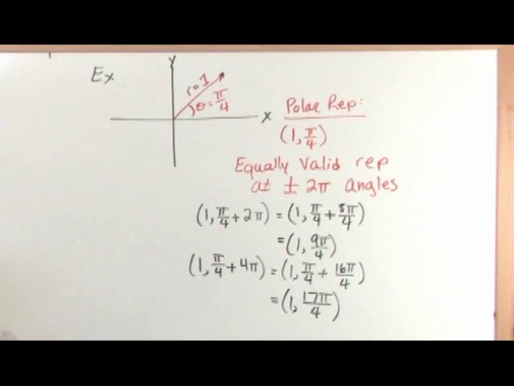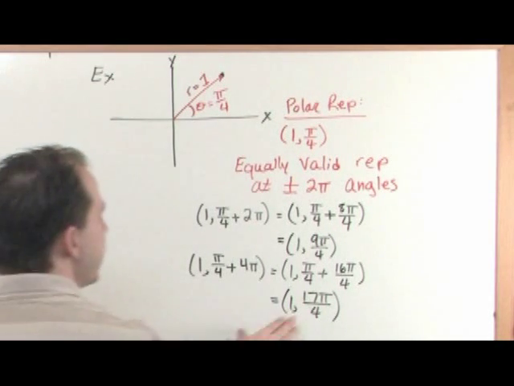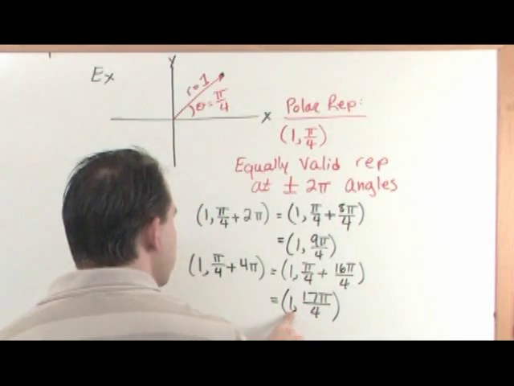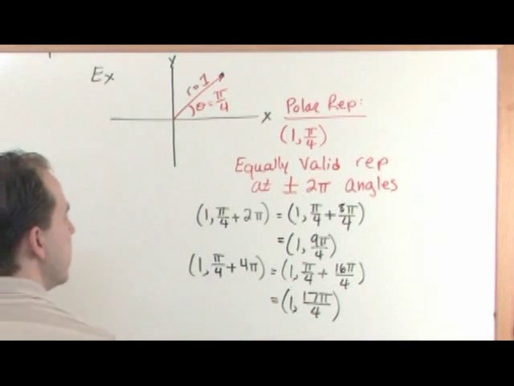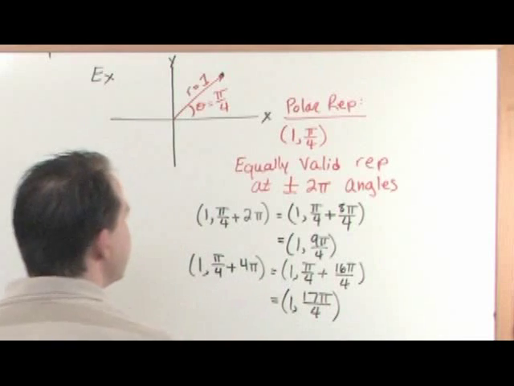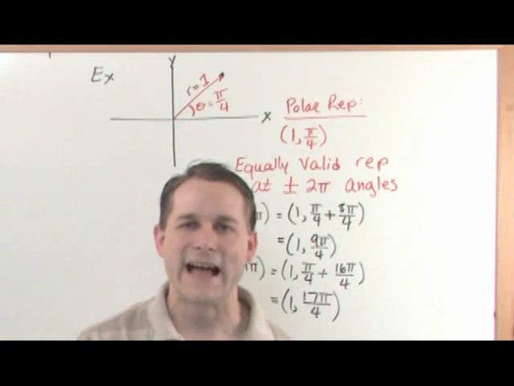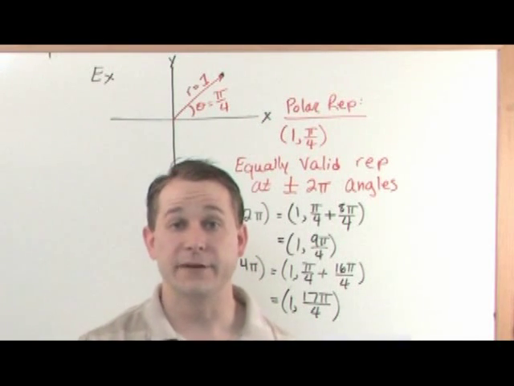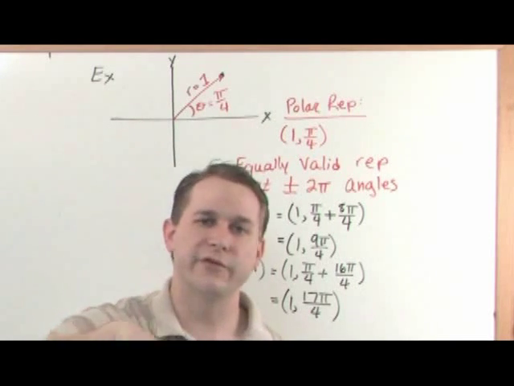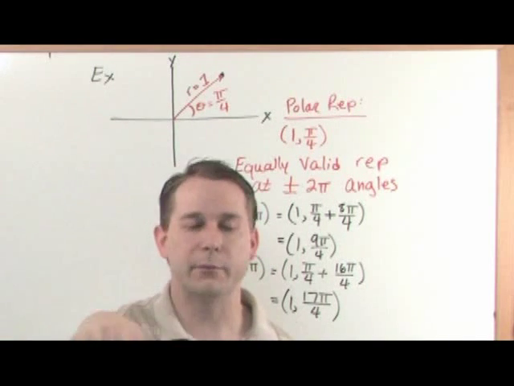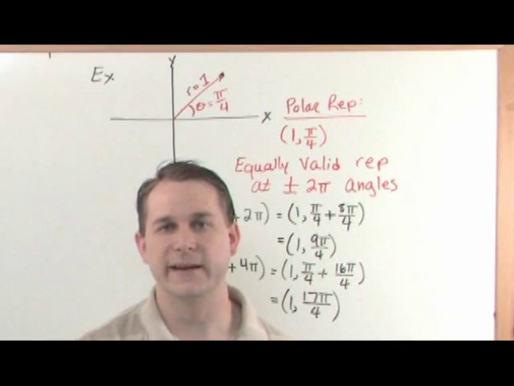So this representation, 1 comma 17 pi over 4 for the angle, this representation, 1 comma 9 pi over 4, and the original representation look different, but they're exactly the same thing. They have different angles, but because the angles differ by 2 pi going around the circle, which is a full circle, they actually describe the same thing.